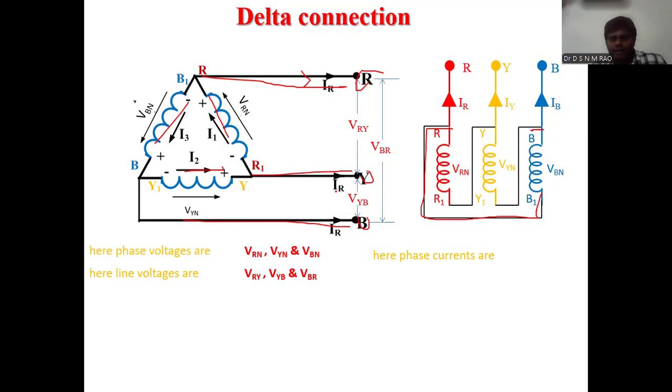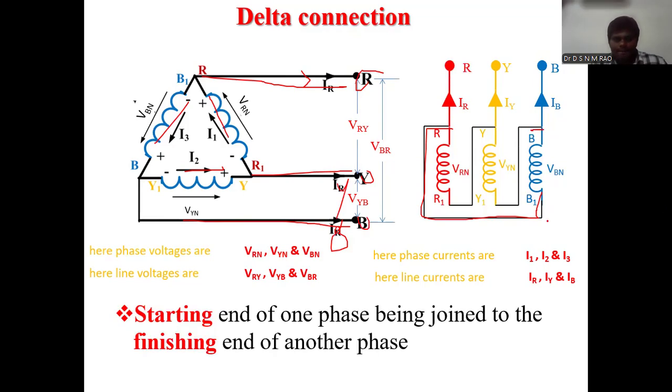Similarly, IY is the line current in the Y line, and this is IB. The phase currents are I1, I2, I3, and the line currents are IR, IY, IB.